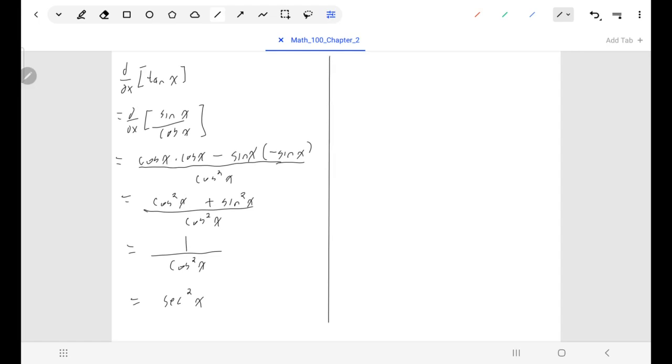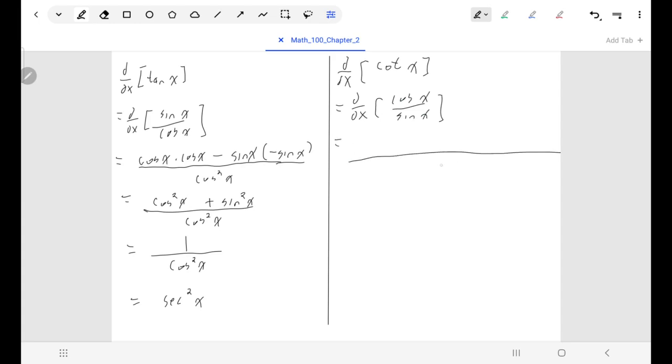And we'll do now the same thing. Our proof for cotangent is going to work pretty much the same way. So cotangent is cosine over sine. And the quotient rule says we'll have in the denominator sine squared.